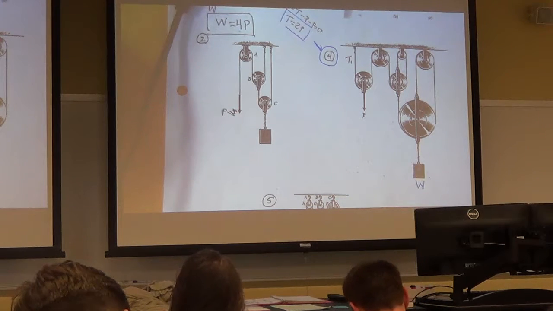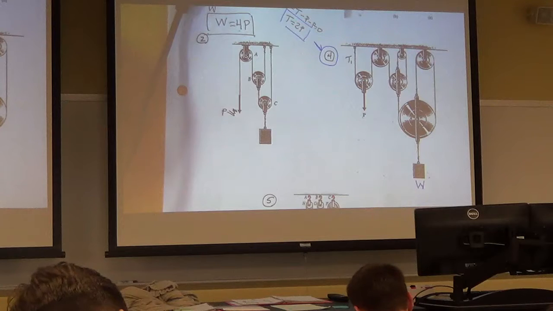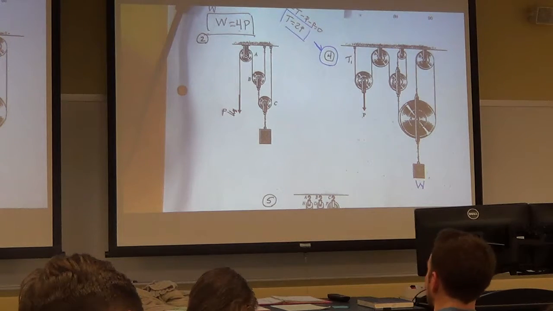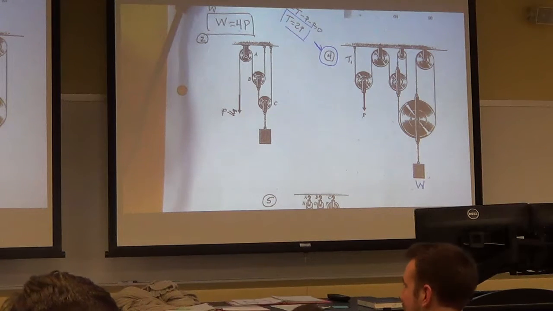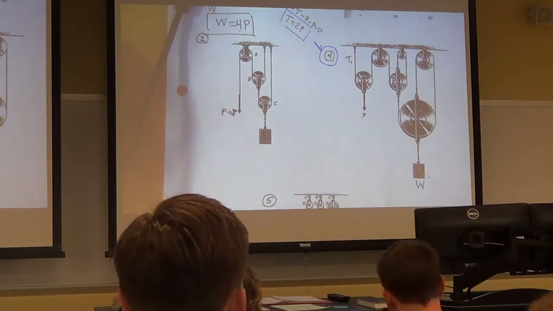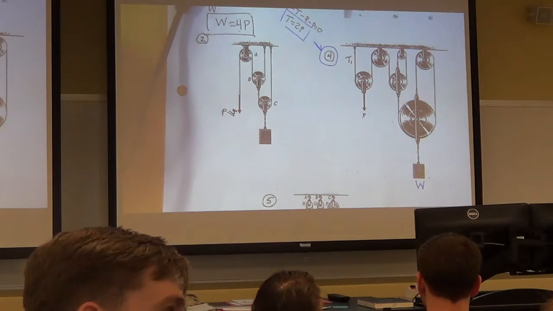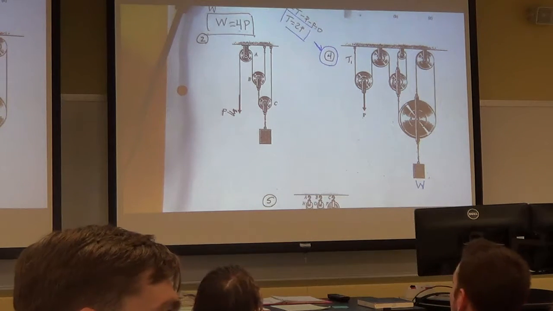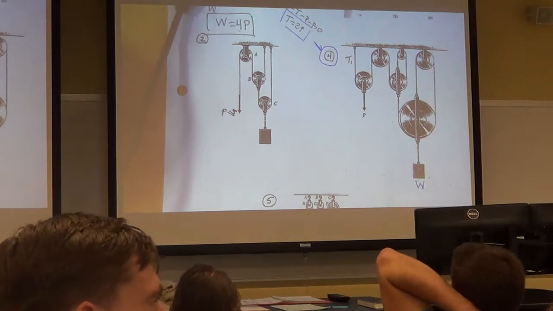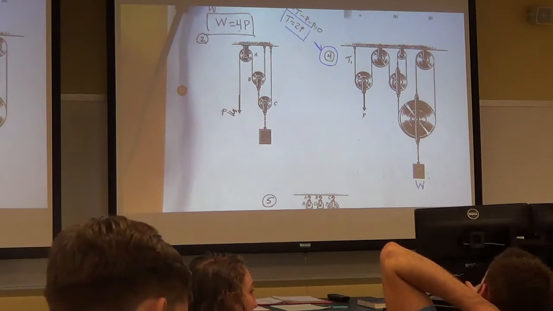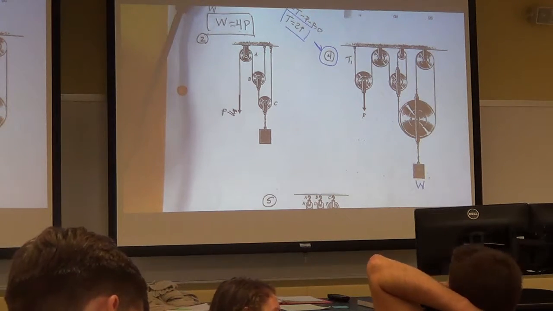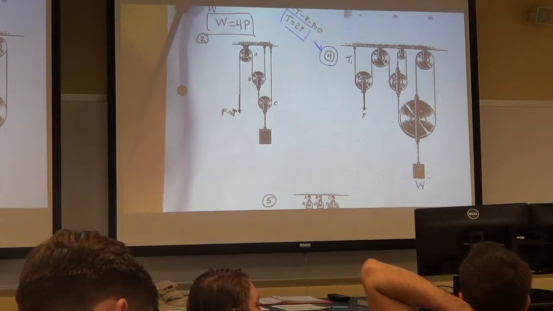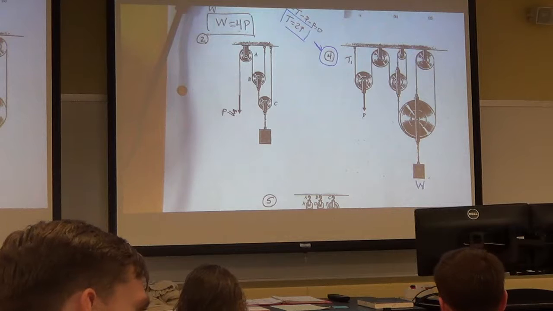Remember we did this, W is equal to 4P, that's P. So at this connection point, this W is 3P. And W? Oh, 9 halves.